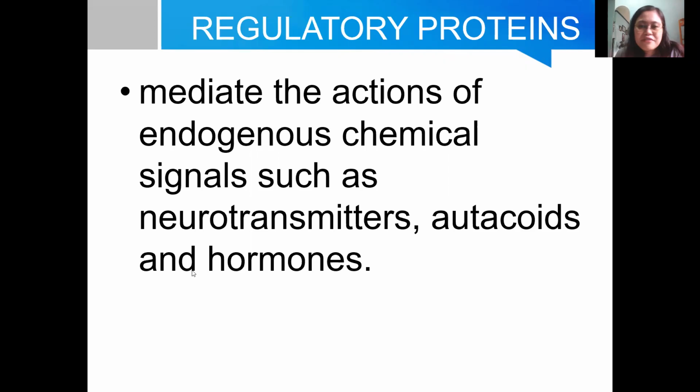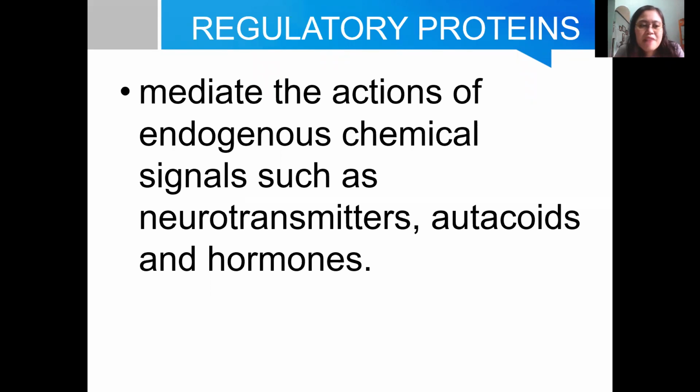And then we have autocoids. Autocoids are actually local messengers or local mediators. Meaning they are produced by our cells, and then right after release, there and then they will produce a response. Once they are released from the cell, they immediately find their receptor, and then they react right away. Whereas neurotransmitters and hormones will travel all over the body just to cause an effect.